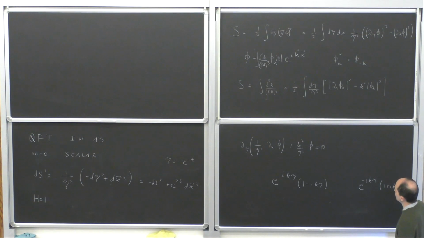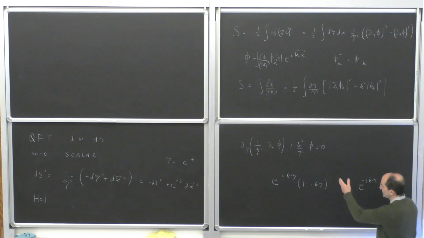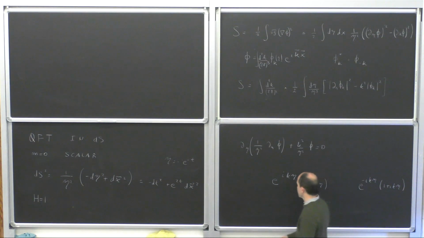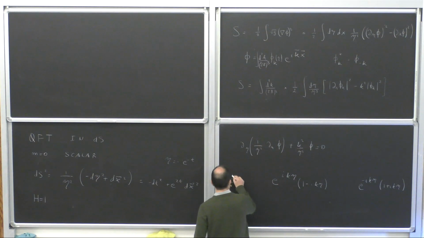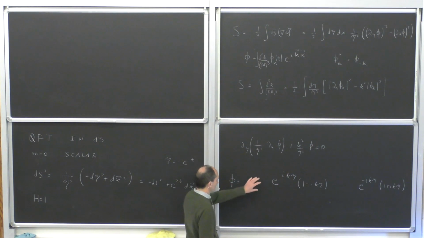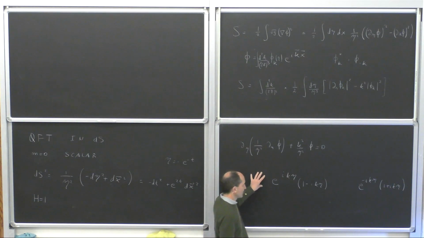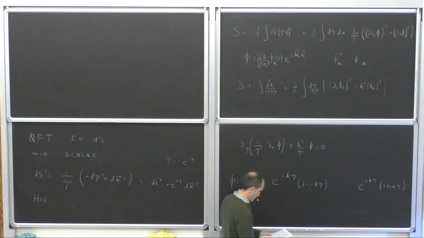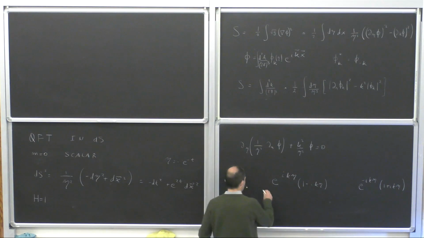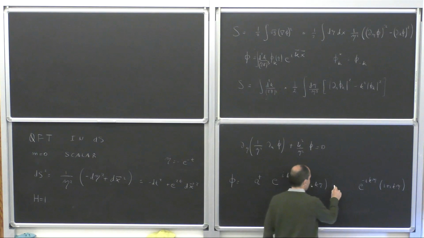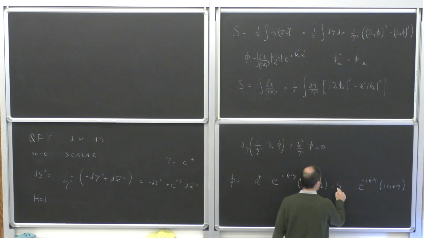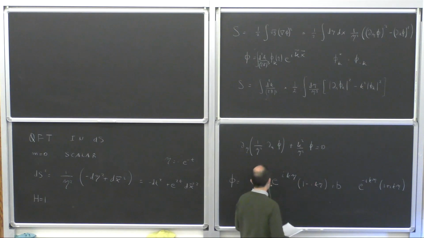Now the operator phi will obey this equation also, and so we can express the operator phi in this way. There will be two operators here, one here and one here, that will be time independent, and I'm going to call them A dagger and, let's say, B. Two different operators, right?